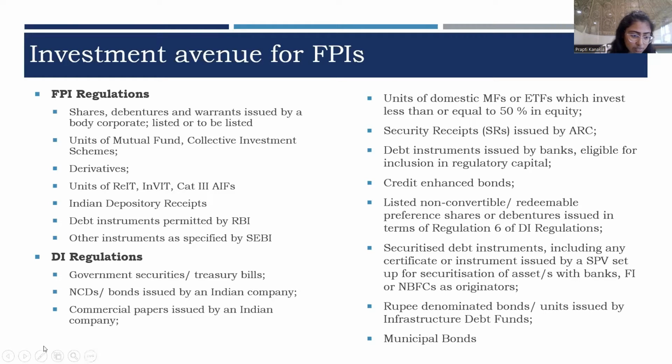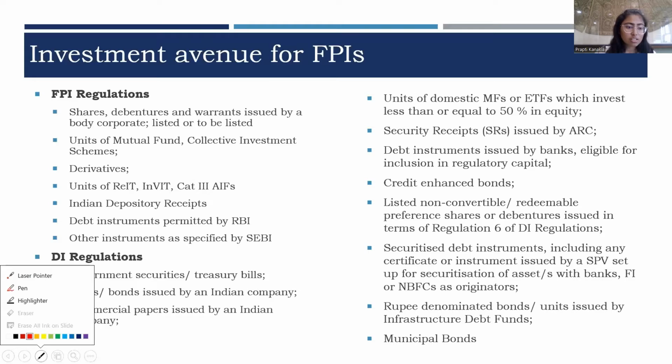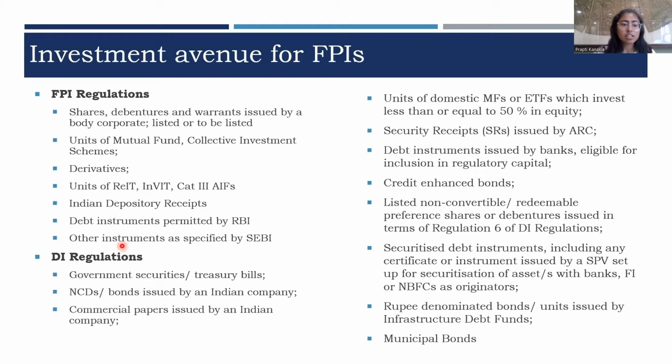And these instruments include government securities, treasury bills, NCDs which are issued by Indian company, commercial papers, units of mutual funds or ETF which invest less than 50% in equity, that is majority of the portion is in debt.